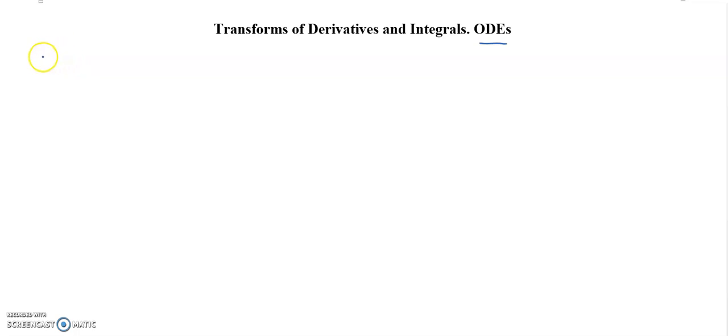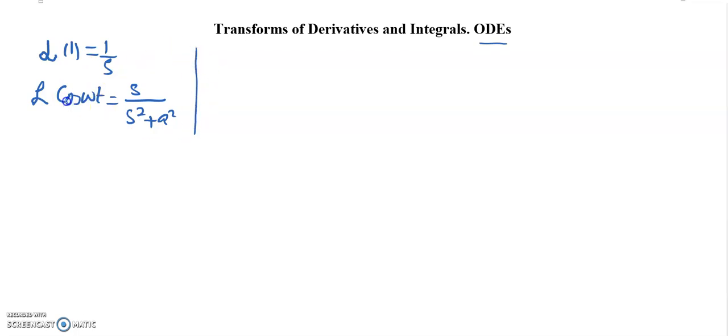For example, we know that the Laplace transform of, say, 1 is 1 over s, and also the Laplace transform of cosine of omega t is equal to s over s square plus omega square, and so on. We know certain ones, but these are the functions.